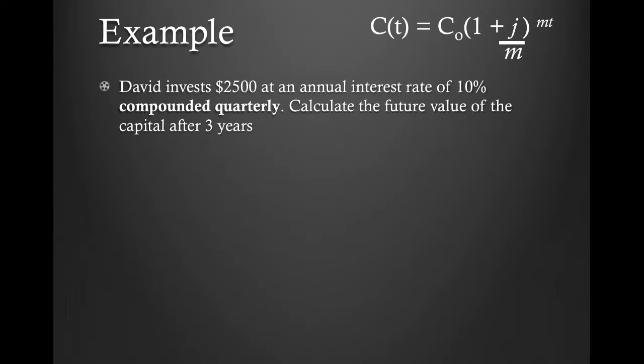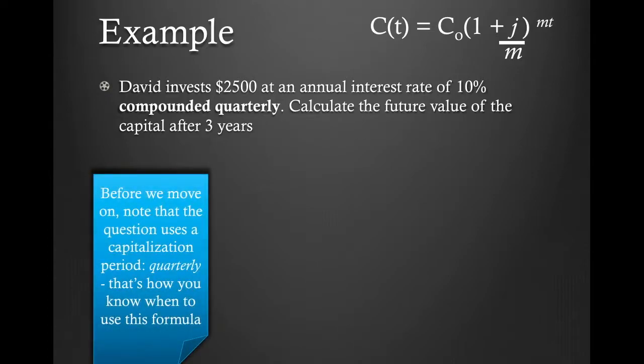Here's an example. David invests $2,500 at an annual interest rate of 10% compounded quarterly. Calculate the future value of the capital after 3 years. Before we move on though, note that the question uses a capitalization period, quarterly. That's how you know when to use that formula.